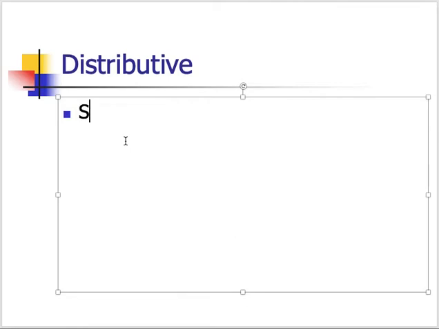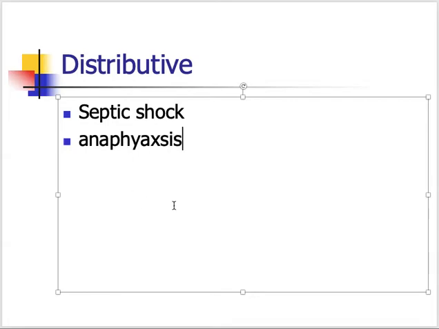there are different types of distributive shock, like septic shock, like anaphylaxis. Okay, so what happens in these patients is there is vasodilatation, and because of vasodilatation there is low systemic vascular resistance, and because of that there is inadequate afterload, and because of that, the tissues cannot perfuse much.